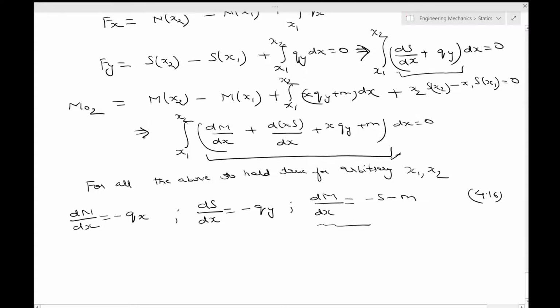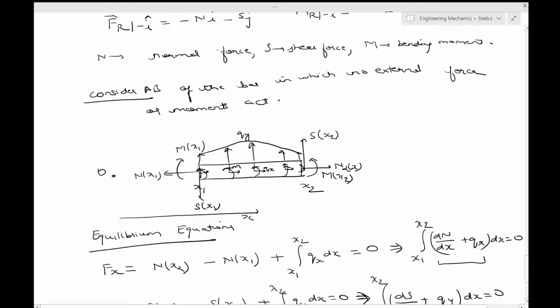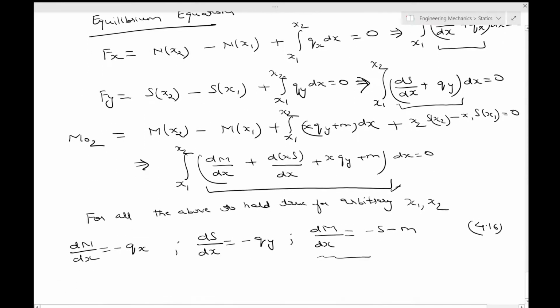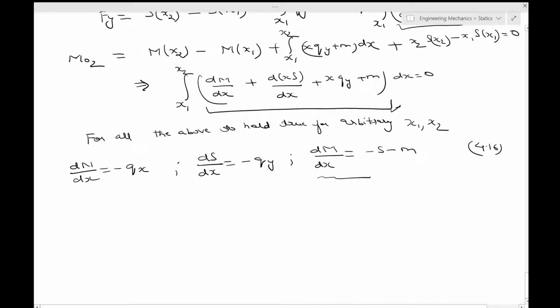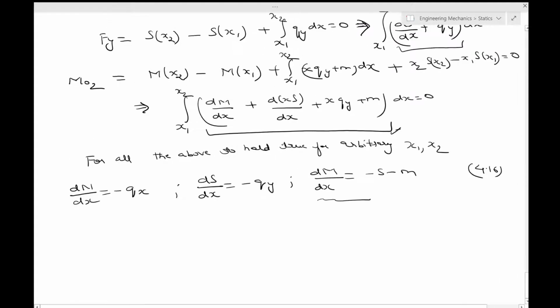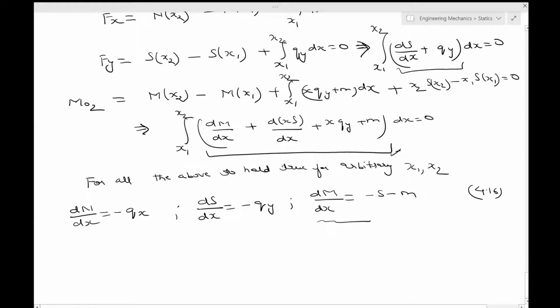And obviously we had made it very clear that there are no external forces acting on this segment AB, and clearly CD is within it, so even for CD there would be no external forces or moments acting. Now what you can do is you can eliminate S, which is the shear force.